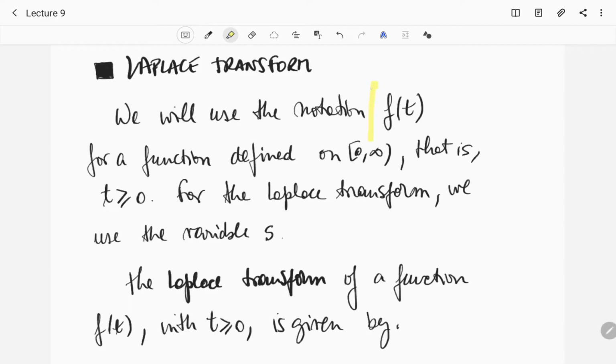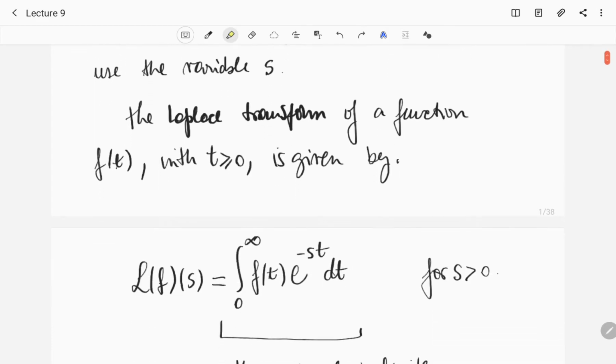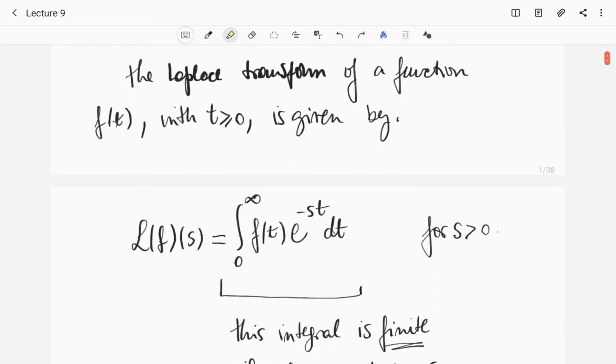So we will start with the function f of t, defined for t greater or equal than 0. We will see how to compute the Laplace transform of this function, which will give us a new function with the variable s.